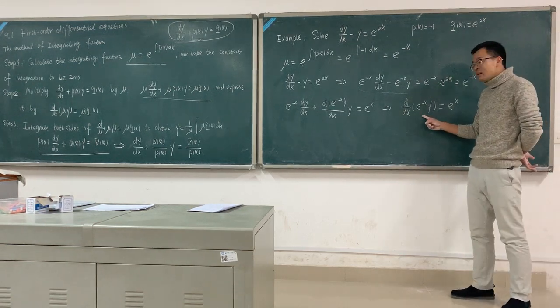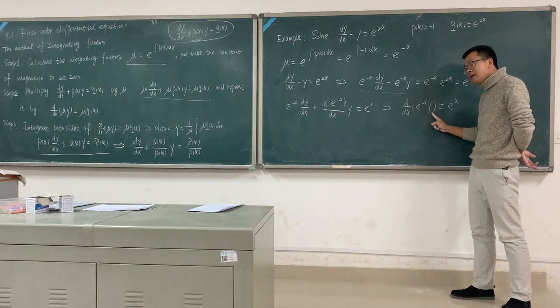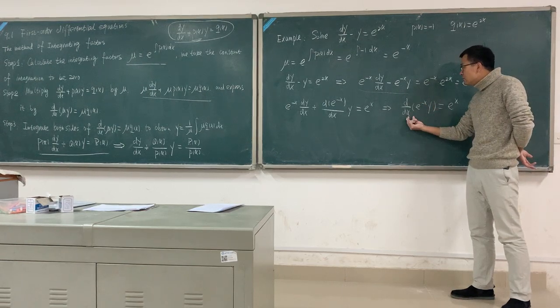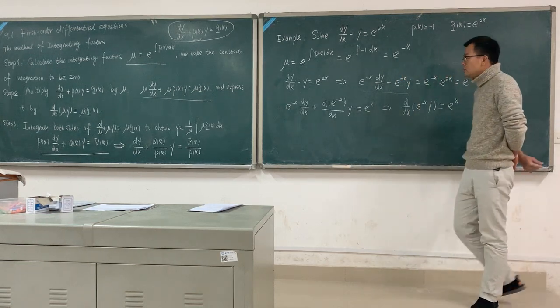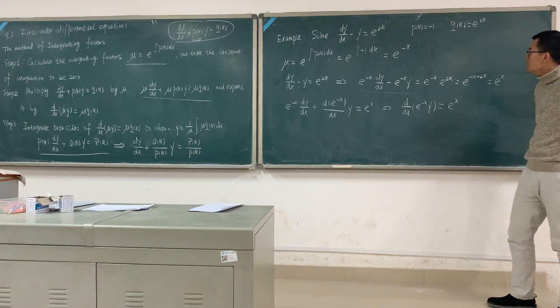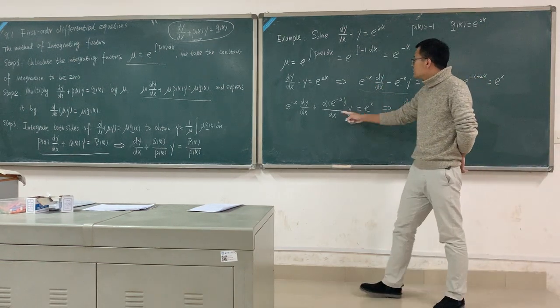Here, the left hand side is e to the minus x times y, and this is the derivative. How do we get this? Here is e to the minus x dy/dx, the first term.